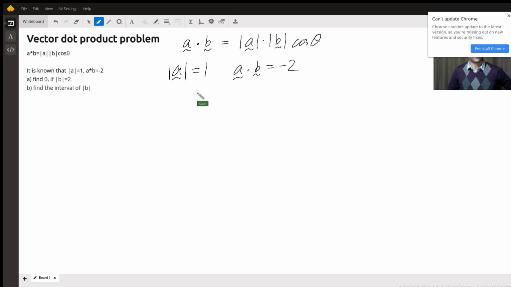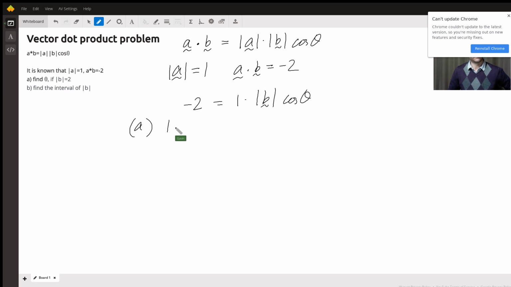If you substitute that into this formula, -2 goes into the left side, so -2 equals 1 times the length of vector B times cos theta. We have two unknowns here, the length of vector B and theta, so we can't solve this. That's why for part A they're giving you another piece of information.